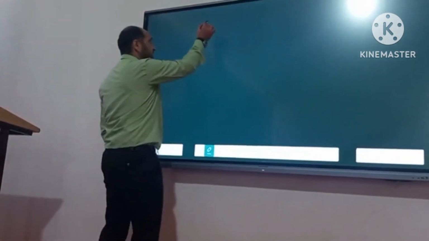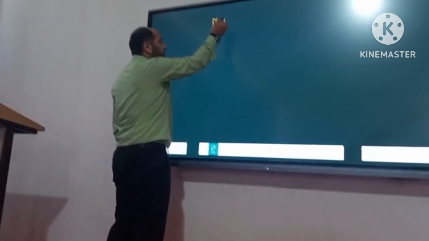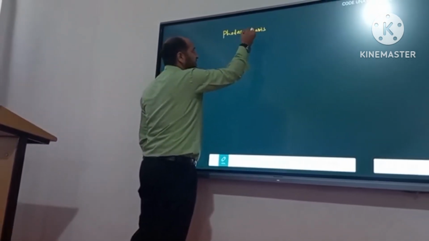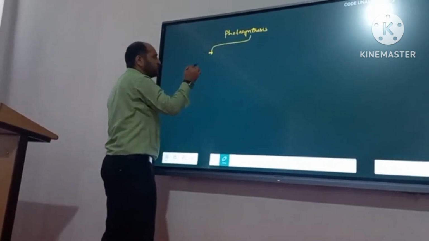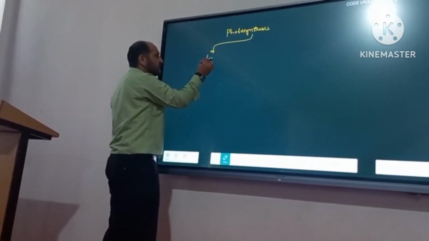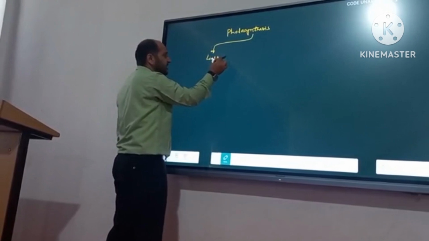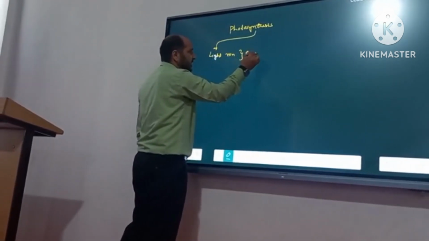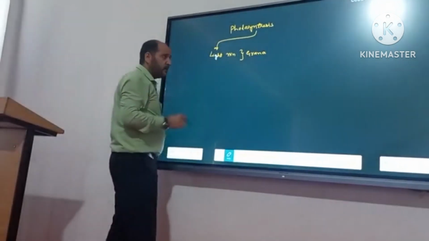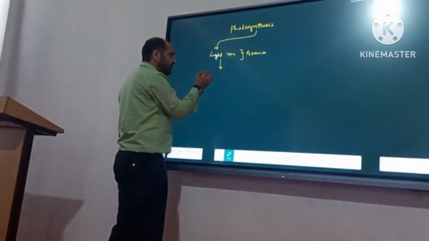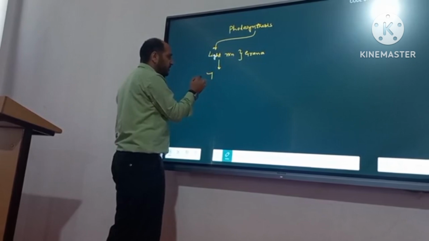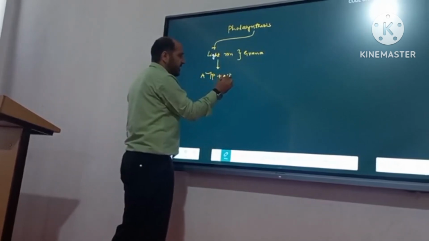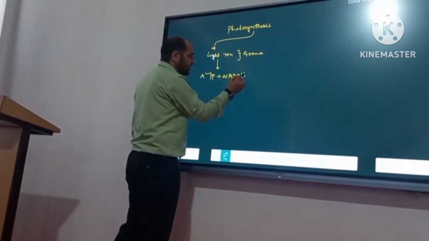In photosynthesis, in general, we can say that photosynthesis has two parts or two components. First is the light reaction, which takes place in grana, and in here the light reaction gives us the products adenosine triphosphate and NADPH.